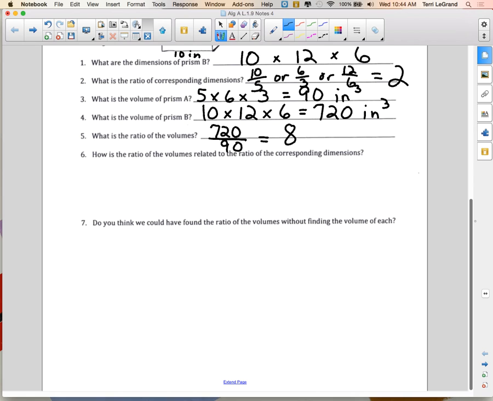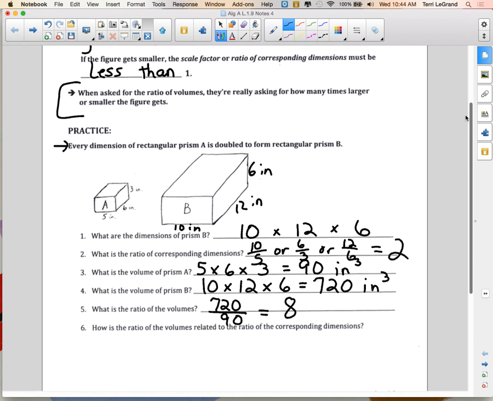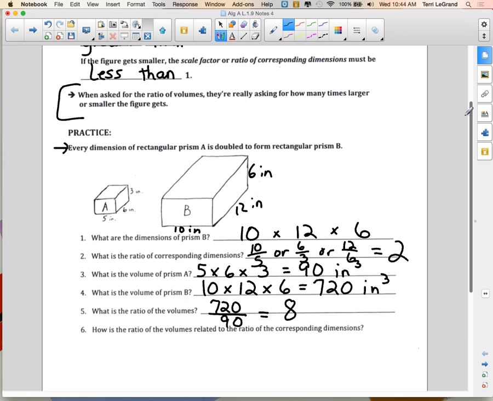So remember the ratio of the volumes, it says it up here. I'm going to go back up here. It says right here. When asked, let's underline this. When asked for the ratio of volumes, and that's what we just found, they're really asking how many times larger or smaller the figure gets.